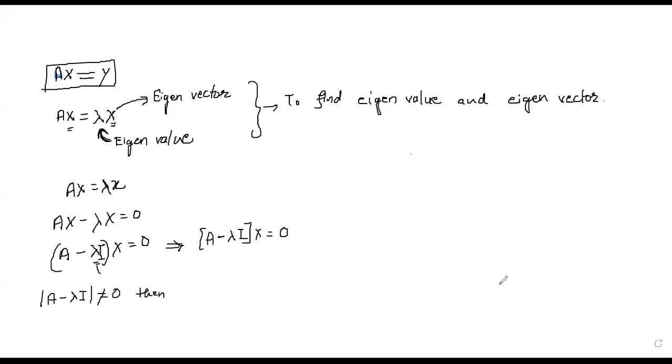Sania. Alan. I don't know, sir. You people don't know what happens if the determinant is not equal to 0 for a matrix.